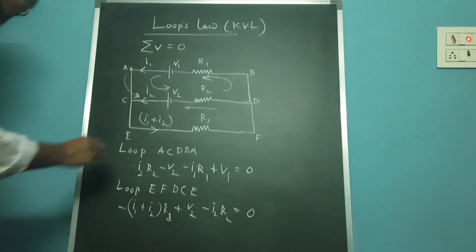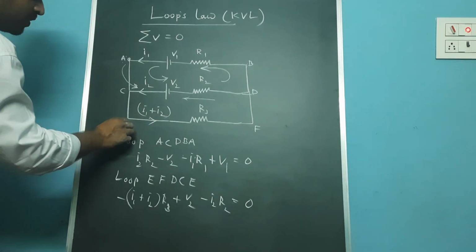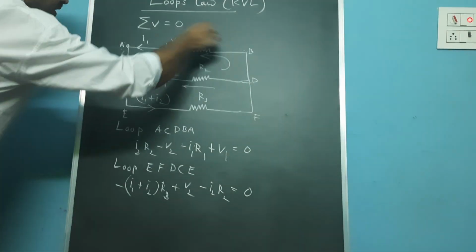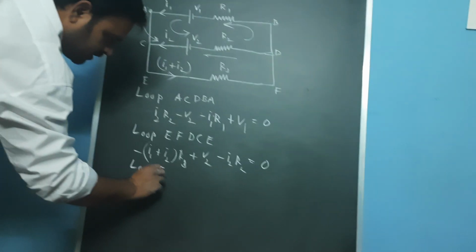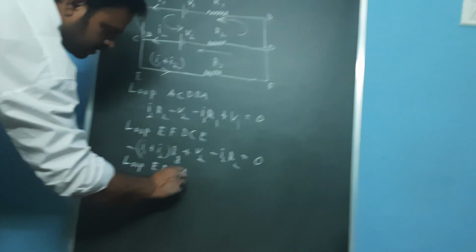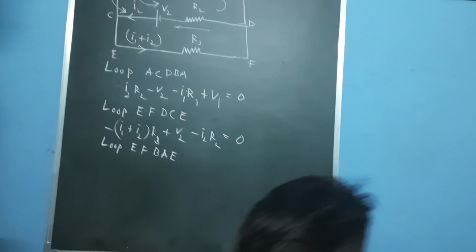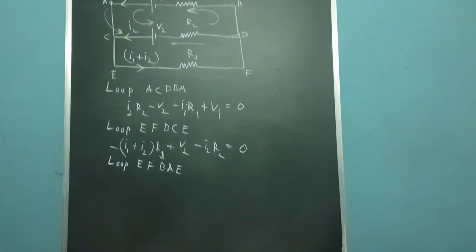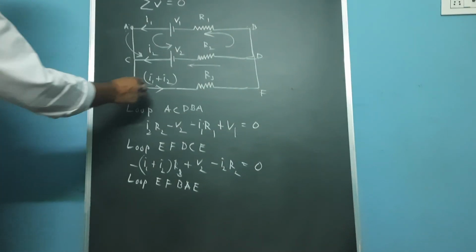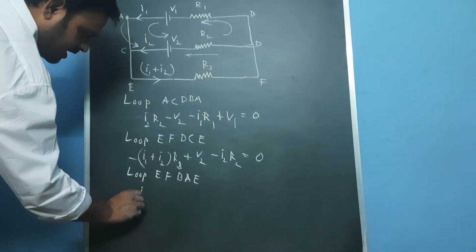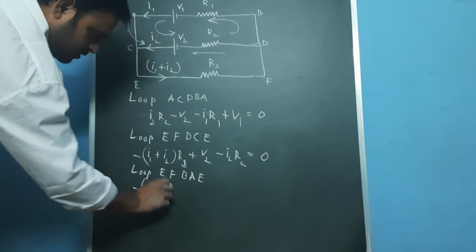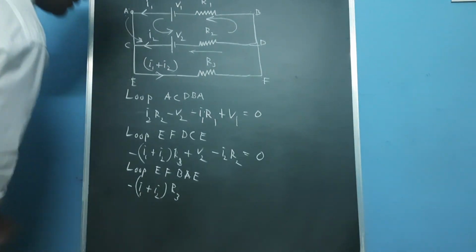Next, we'll go to the total loop, E, F, B, A, E. Loop E, F, B, A, E. We are moving along with the current. So minus (I1 plus I2) R3.